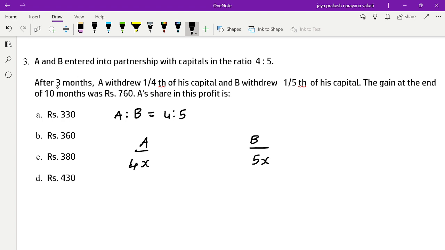Now, for how many months is the investment in this way? For 3 months, right? They invested for 3 months first, according to this.